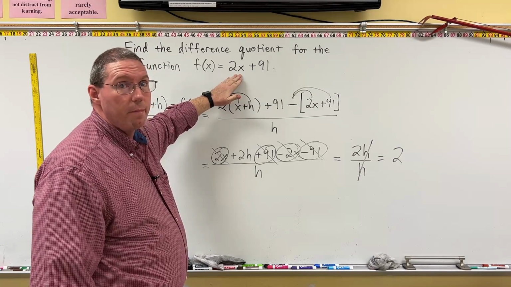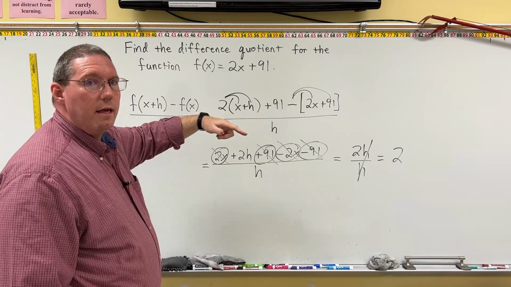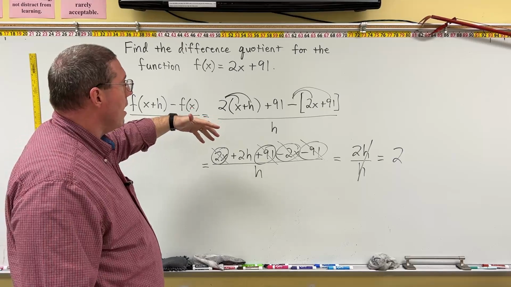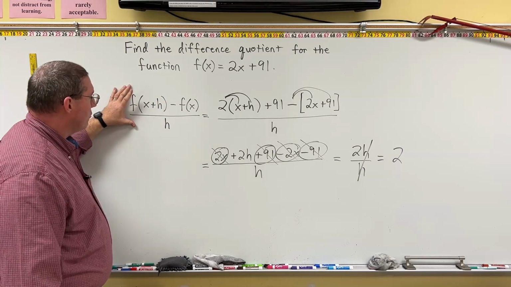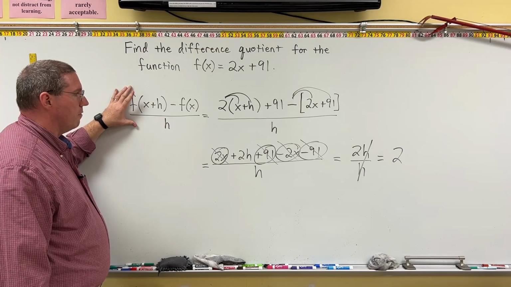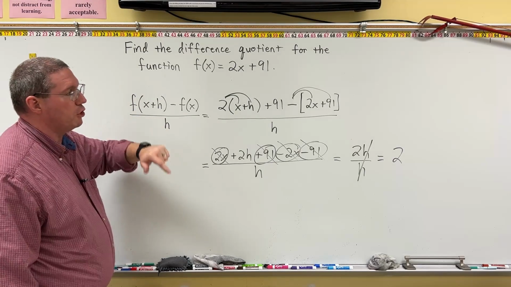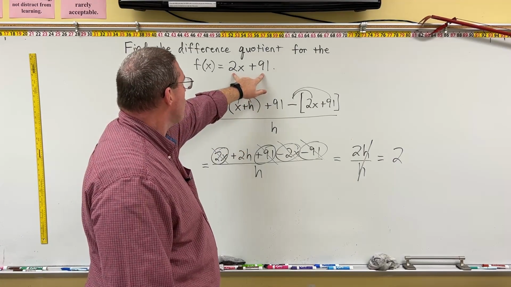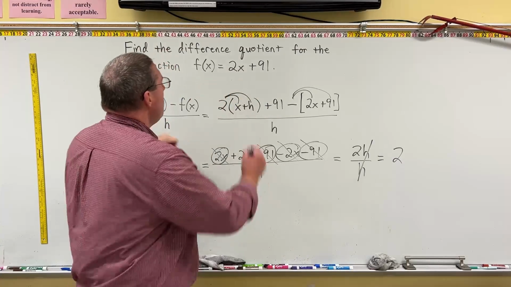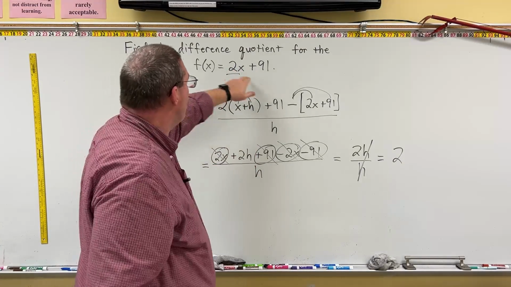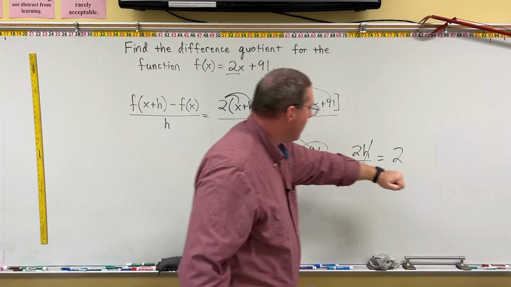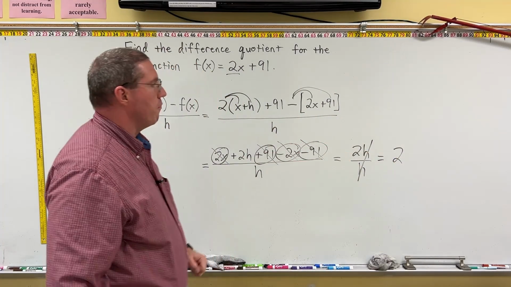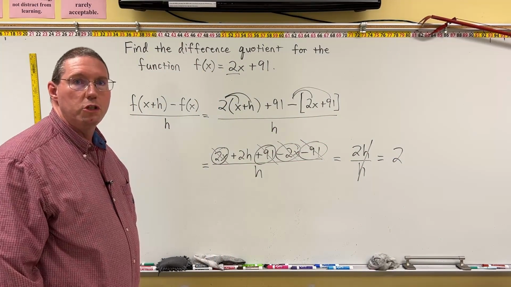And didn't we say that when we talked about the concept of the average rate of change, that it is the slope of a straight line? Well, what is the slope of this line? The slope is 2. This is mx plus b form. The slope of this line is 2, and that explains why the answer to this difference quotient is also 2.